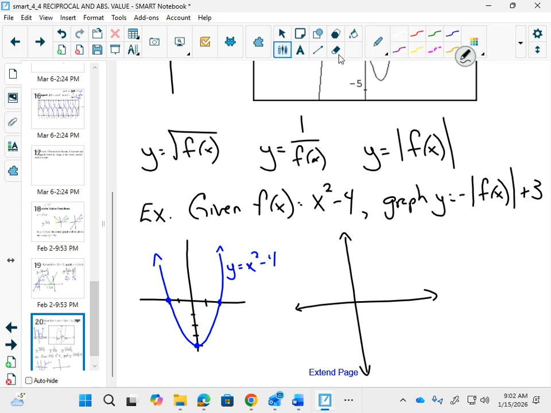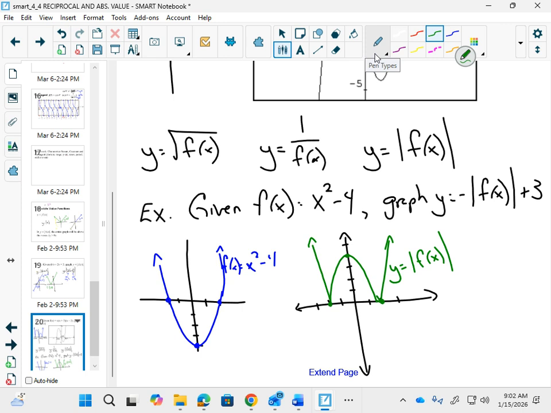Since we had labeled it as f of x, I'm going to change this here and write f of x, because in my second graph here, I'm going to graph the absolute value of f of x. That would just take what was below and flip it up.